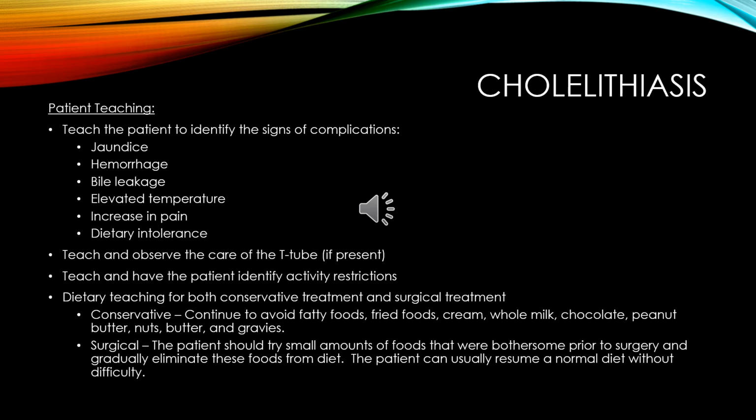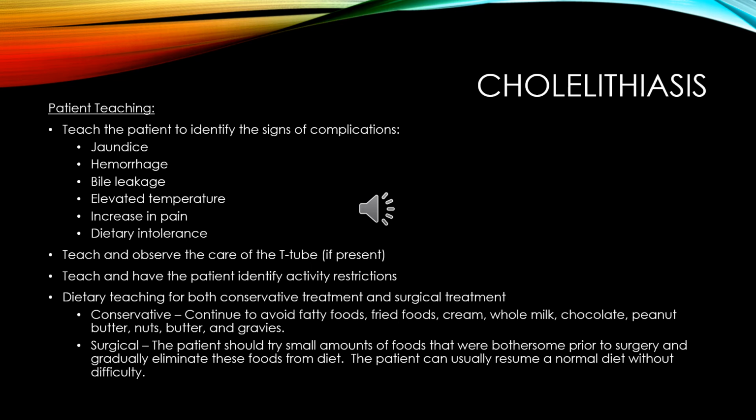The dietary teaching for both conservative treatment and surgical treatment would be, on conservative, you would just avoid fatty foods, fried foods, spicy foods, no whole milk, chocolate, peanut butter, anything like that, any gravies or butters, no nuts.